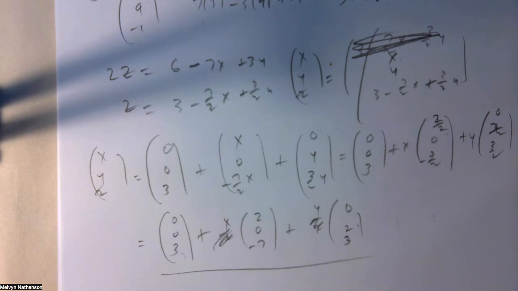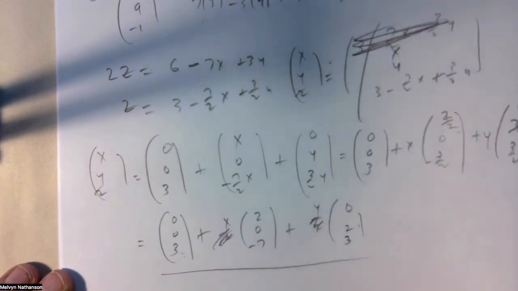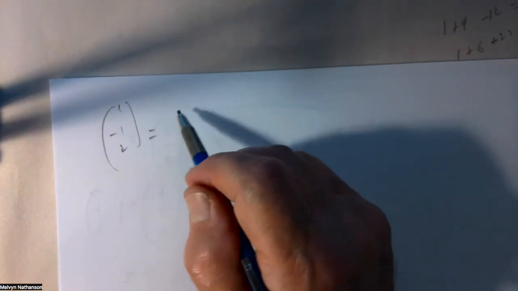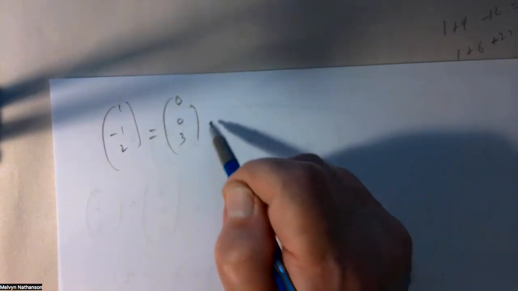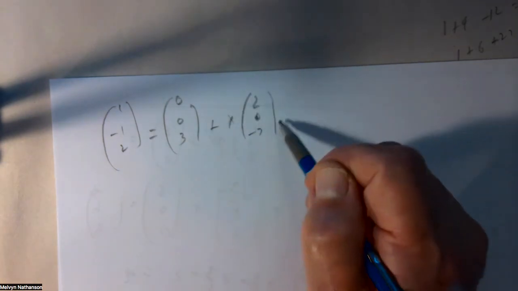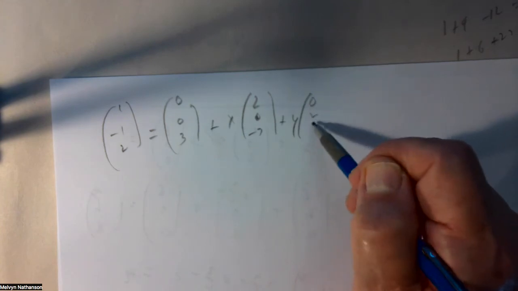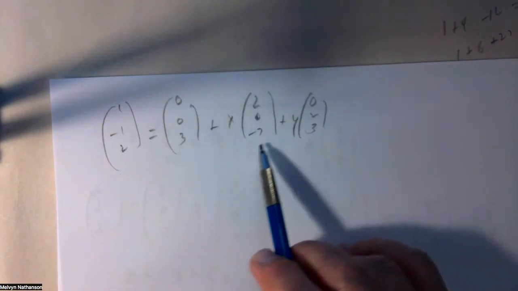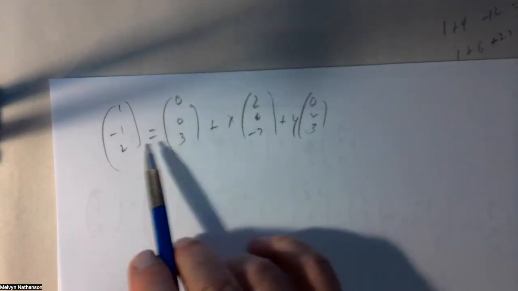And if I take the vector (1, minus 1, 2), which is a solution, I want to write it in the form (0, 0, 3) plus x times (2, 0, minus 7) plus y times (0, 2, 3). Because this is a solution, and every solution is supposed to be of this form. What does this look like?